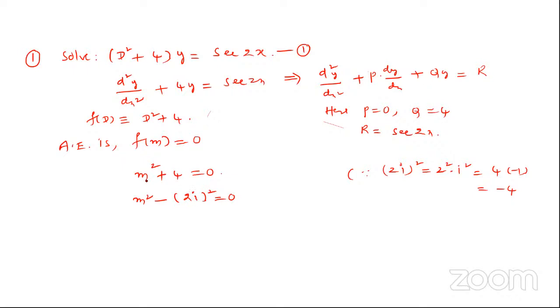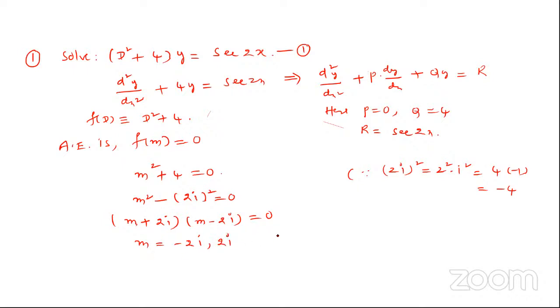So m square plus 4 is m square minus 2i whole square. Now it is of the form a square minus b square, which is a plus b into a minus b, so m plus 2i into m minus 2i equal to 0. By m plus 2i equal to 0 we get m equal to minus 2i, and by m minus 2i equal to 0 we get m equal to plus 2i.